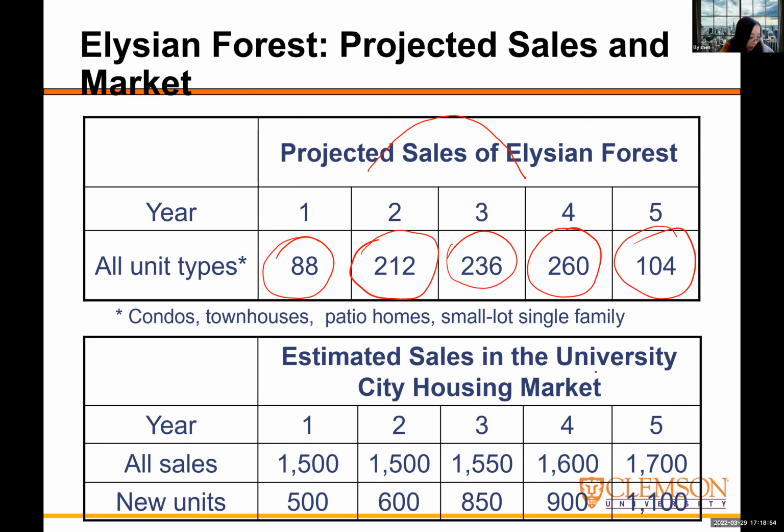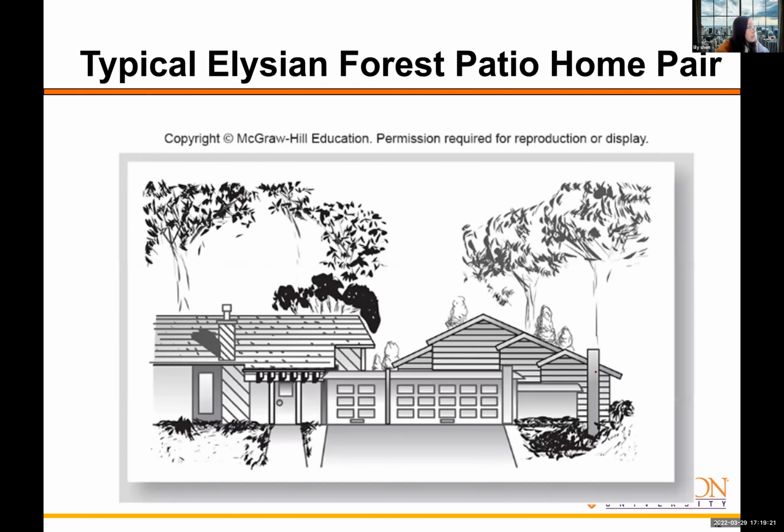The new units in total has been increasing drastically, from 500 to 1,100 after 5 years. This is saying the city is actually having more development, but the demand, the estimated demand, it's pretty much the same. That's not a very good signal. Let's see what happens next.